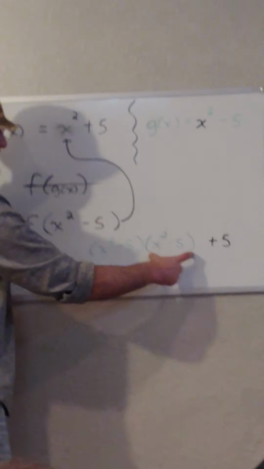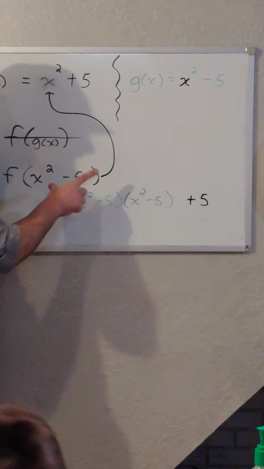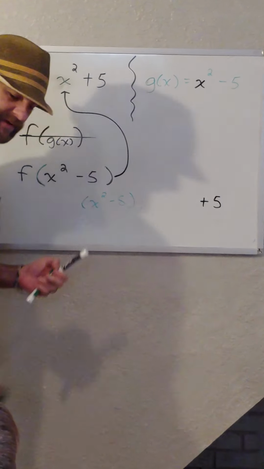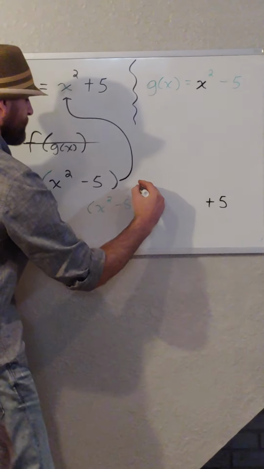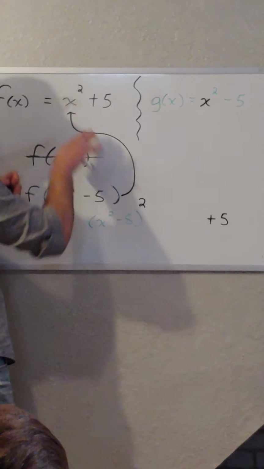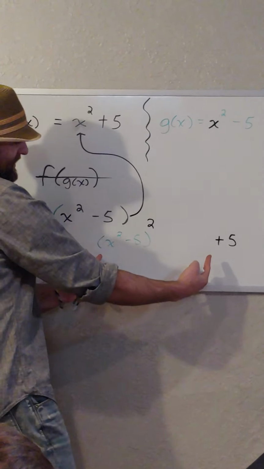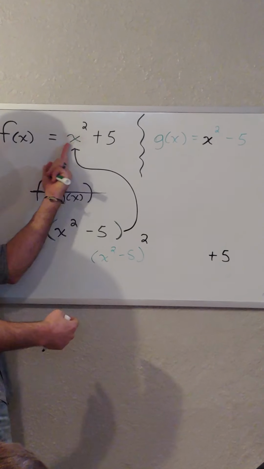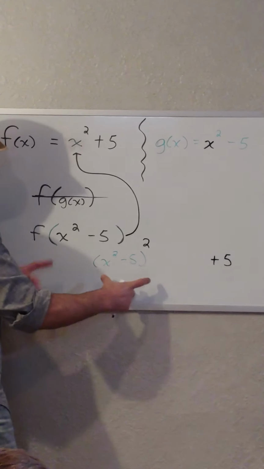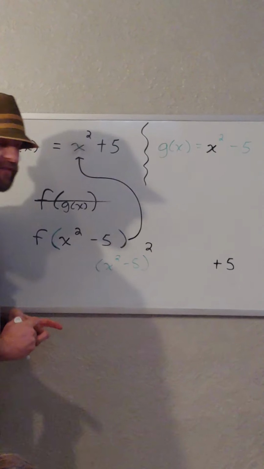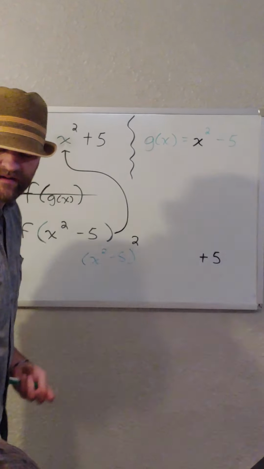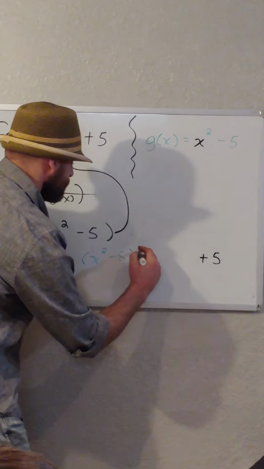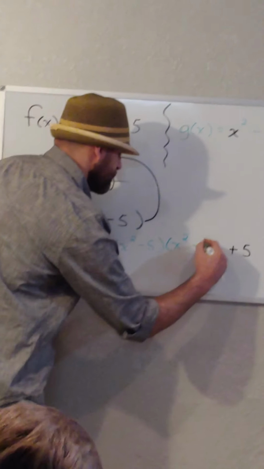And if you don't understand where this came from, a lot of people at this point I've lost in the past, so I'm going to go back one step. Just keep in mind, everything right here looks exactly the same as everything right here, with the exception of my x got replaced with that. Then since this is to the second power, that's why I went ahead and did this.